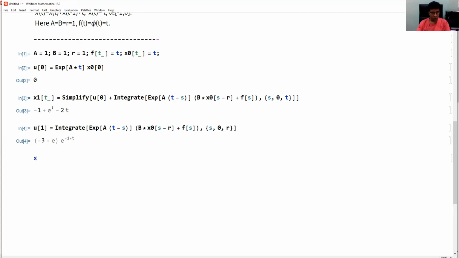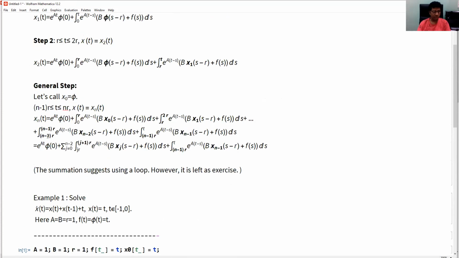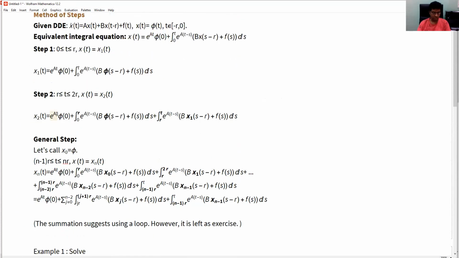Now, what is x2 of t? x2 of t equal to, again, Simplify. We need u of 0 plus u of 1. Here it is: this is u of 0, this is u of 1, and then plus Integrate.